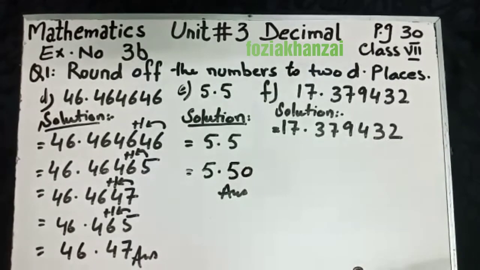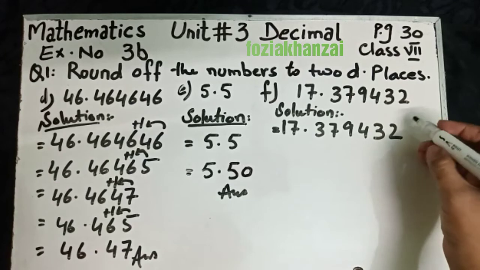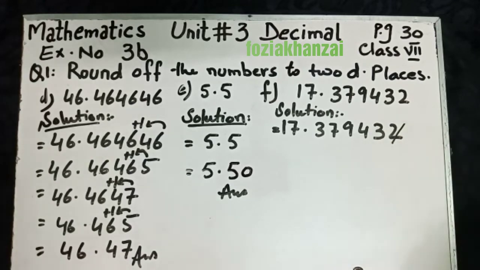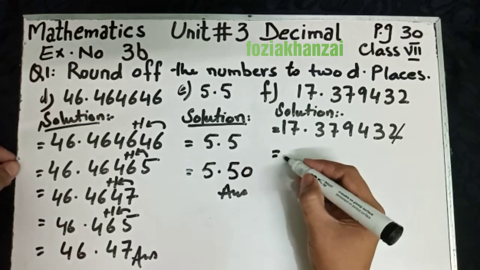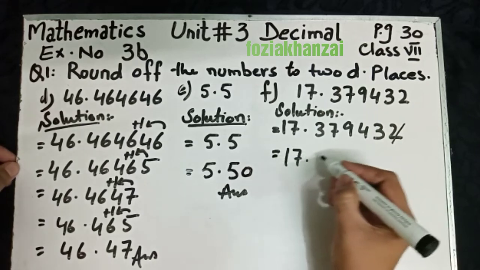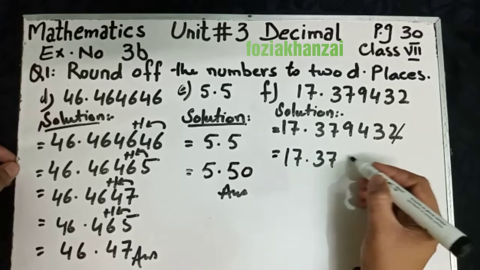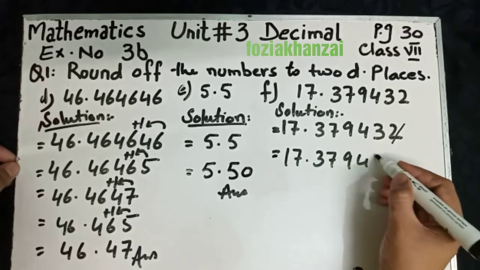Part F, 17.379432. Okay, the last digit is less than 5, so we skip the last digit 2, we cut it. Now the remaining is as it is, copy down: 17.37943.